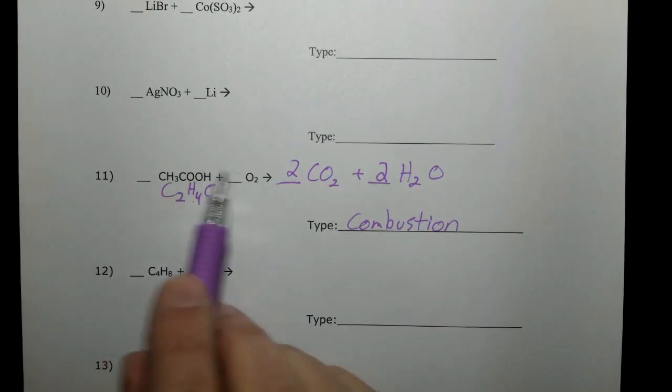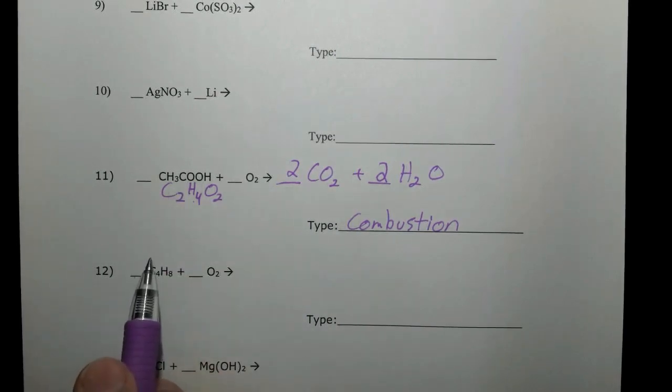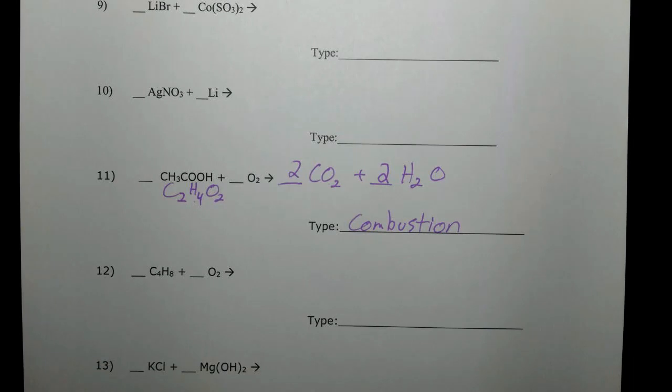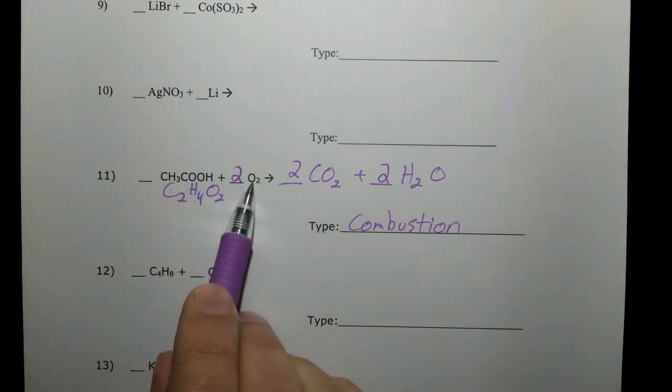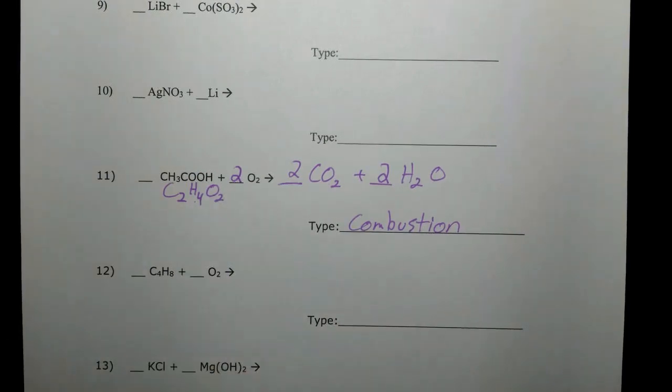What do we want to do for these numbers to get it to be 6 for the oxygens? Put a 3 for that oxygen. 3 times 2 is 6. We got all of the atoms together.